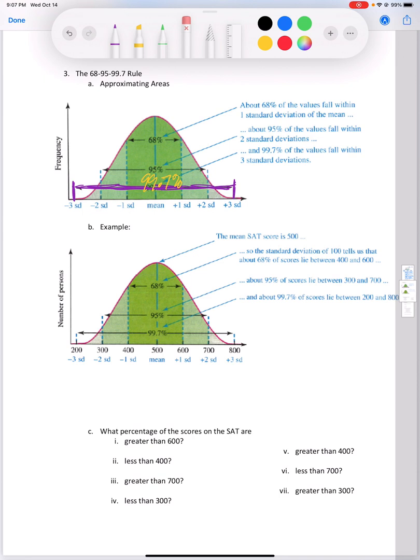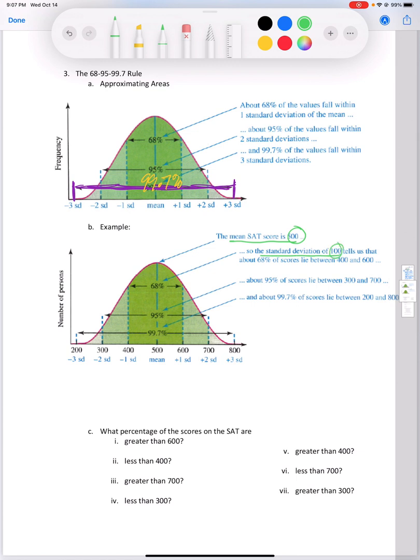SAT scores are set so that the mean is 500, so the average student score from their raw score is scaled to 500. The standard deviation is 100. Okay. So the mean is 500, the standard deviation is 100.